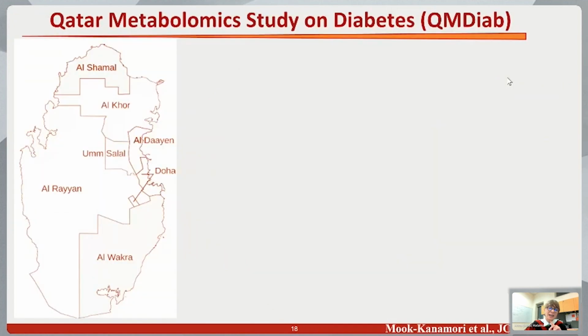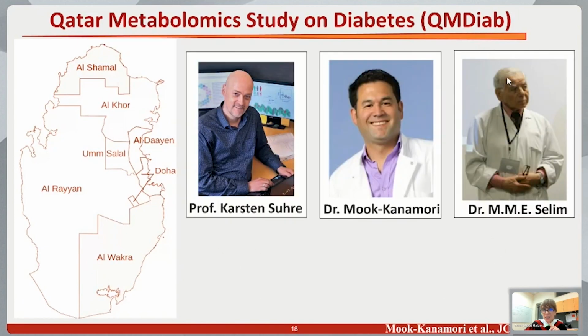But before that, I would like to introduce you to the cohort, which is the Qatar Metabolomics Study on Diabetes. This study was initiated by Professor Suhre together with Dr. Montgomery and Dr. Salim from Hamad Medical Corporation. It was the first study on diabetes and metabolomics in Doha.